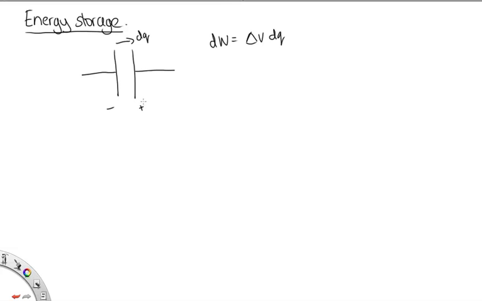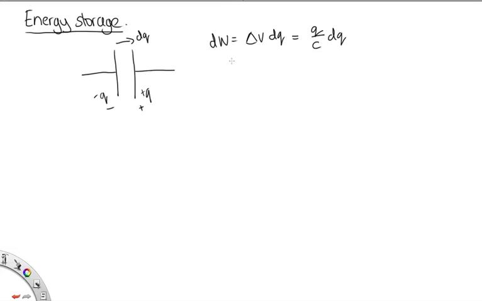For a capacitor, which has constant capacitance, delta V is equal to Q over C, where this is the capacitance. So this is how much work we have to do to move a little charge dQ from this plate to this plate while there is a charge Q on the two plates.